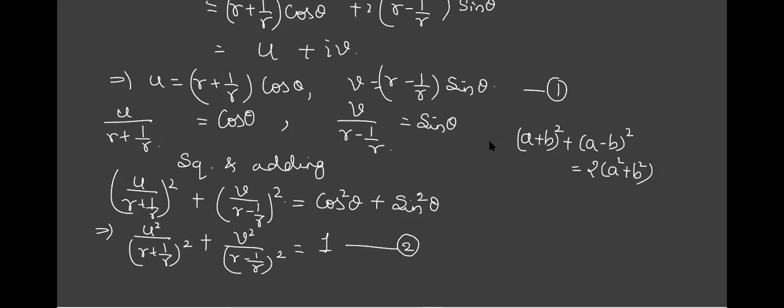But if a square and b square remain, that means r and 1 by r remain. I don't want that. What can I do? Think about it. Just instead of adding, suppose I subtract, what happens?